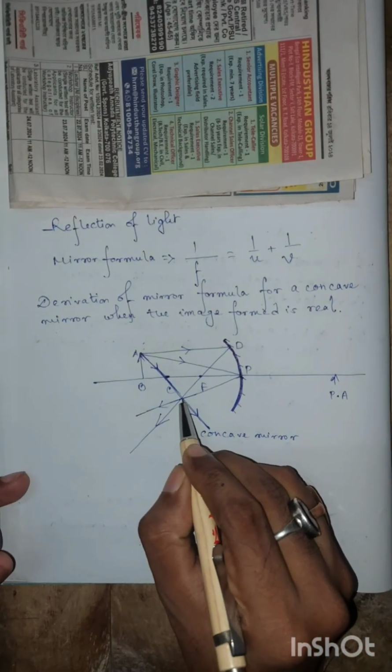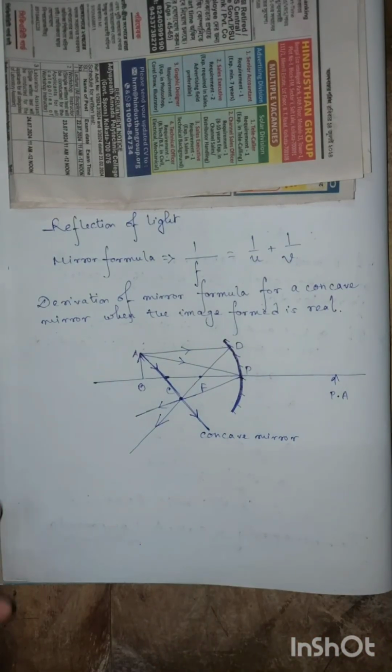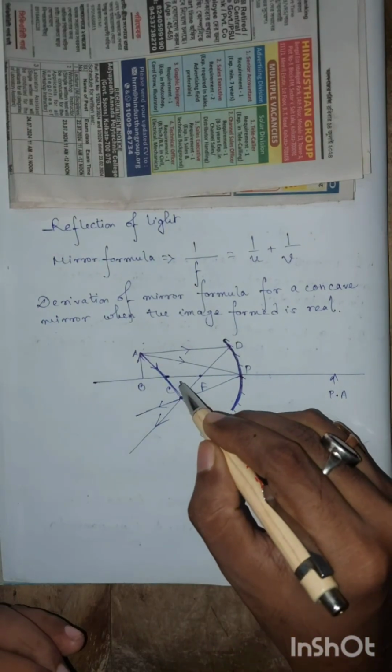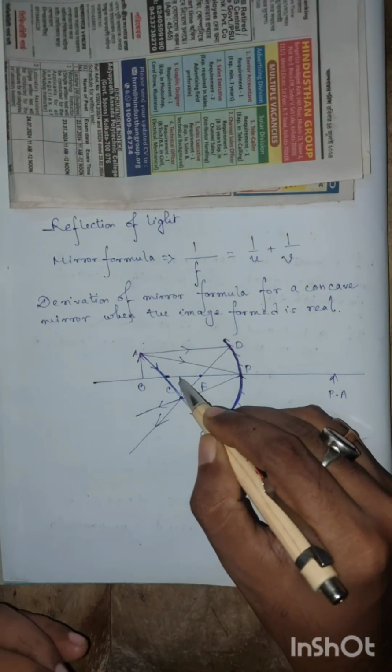So this is the point of intersection where we can get the image.